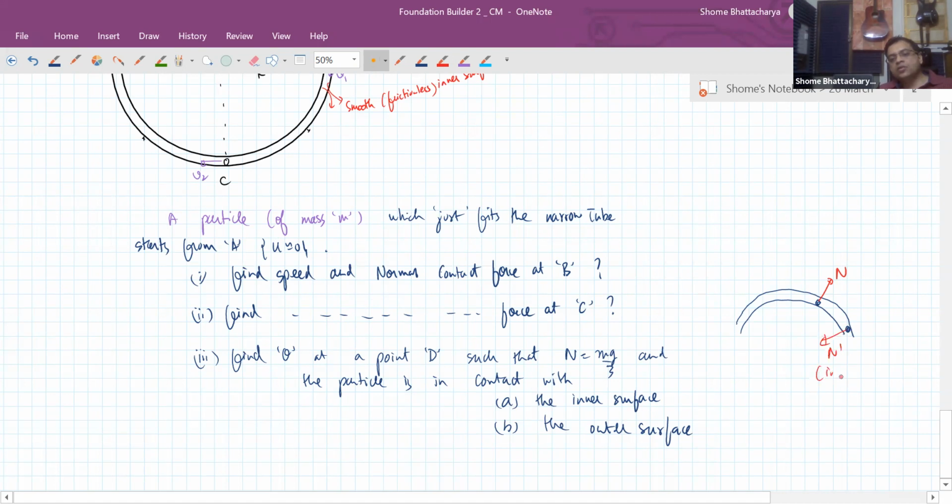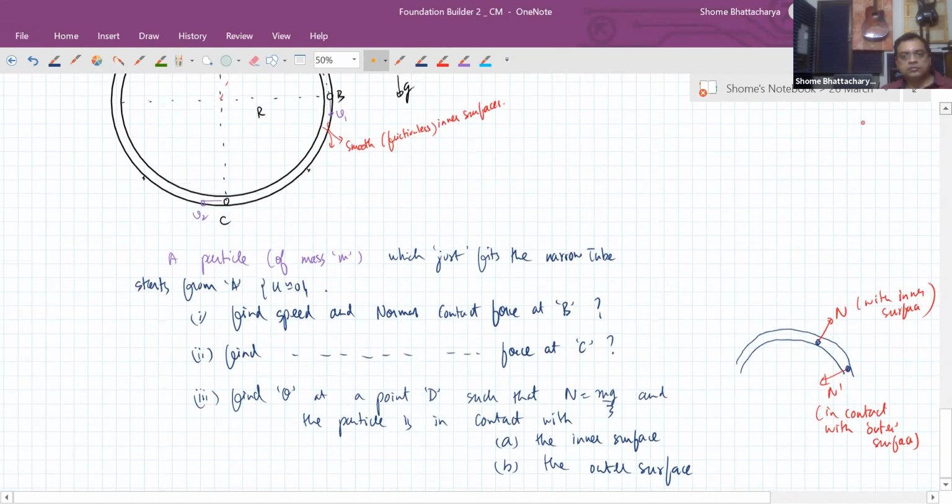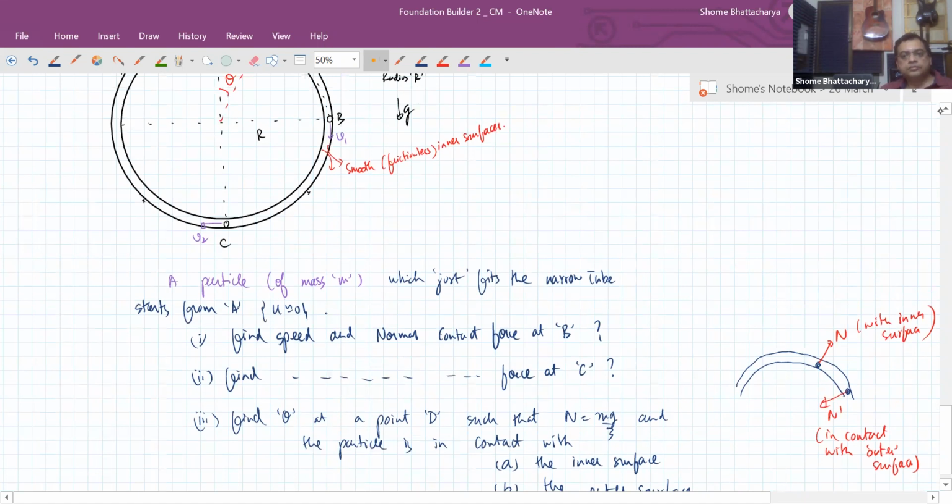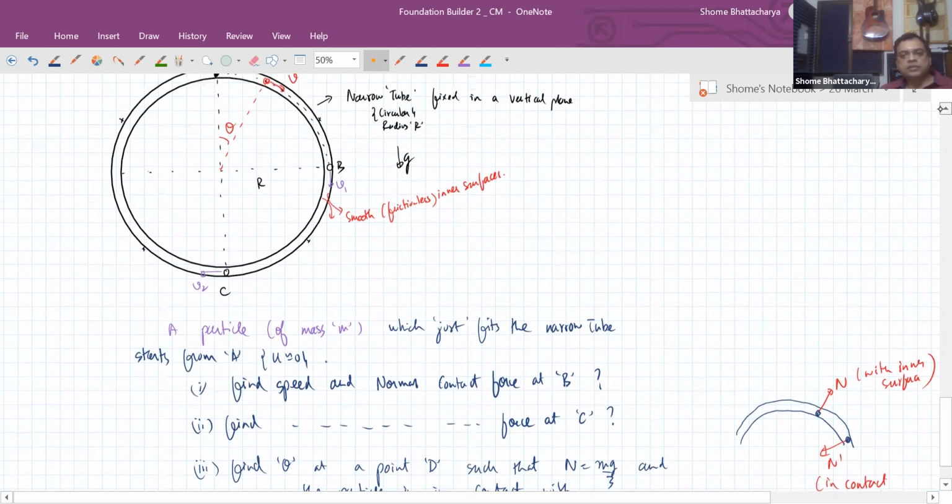Okay, this is in contact with outer surface. This is in contact with inner surface. Okay. So anyhow, start with the first and second part.